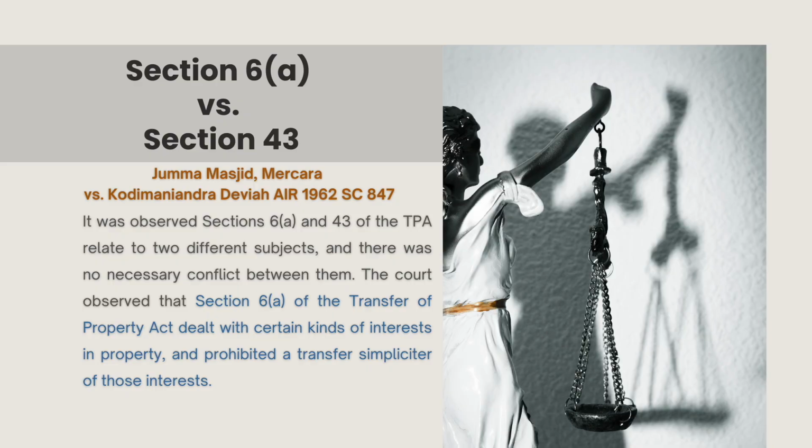Now, in the case of Juma Masjid versus K. Devaiya, a 1962 case, the Supreme Court observed that Sections 6A and 43 of the Transfer of Property Act relate to two different subjects, and there was no necessary conflict between them. The court observed that Section 6A dealt with certain kinds of interest in property and prohibited a transfer simpliciter of those interests.